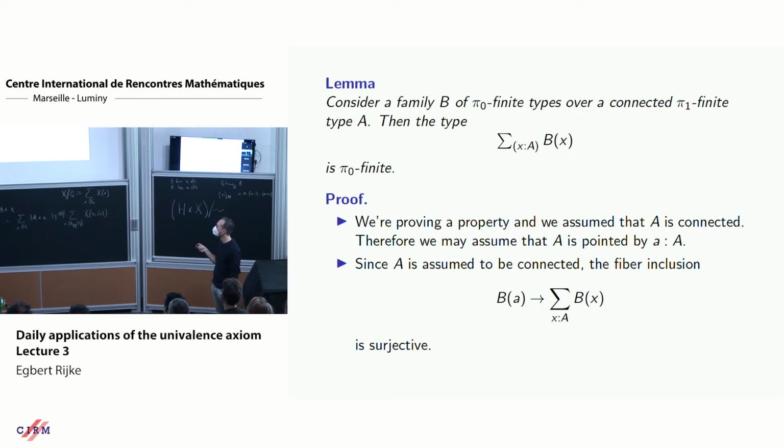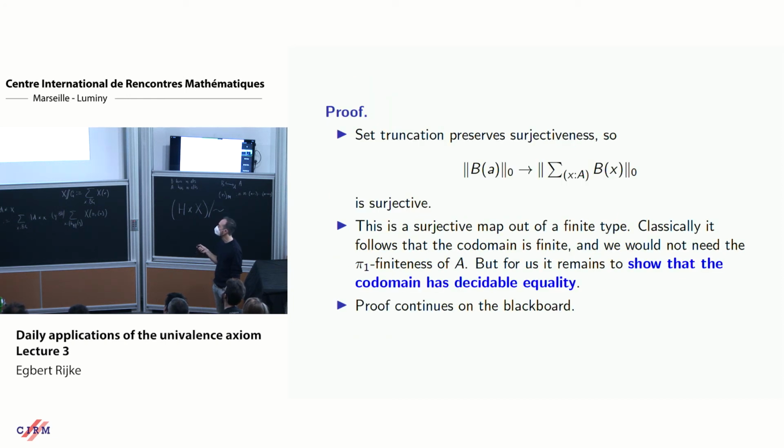And now, because A is pointed connected, we have this fiber inclusion. And by the connectedness, it follows this is a surjective map. But if we truncate a surjective map, then we get another surjective map. So we apply the set truncation to the previous surjective map, and we get the surjective map here.